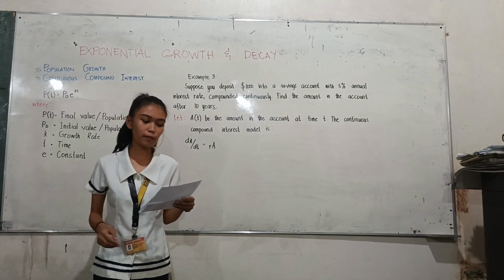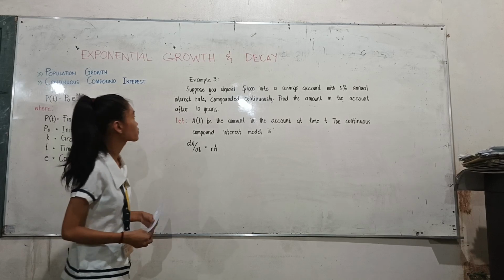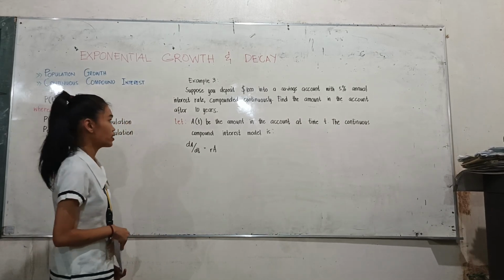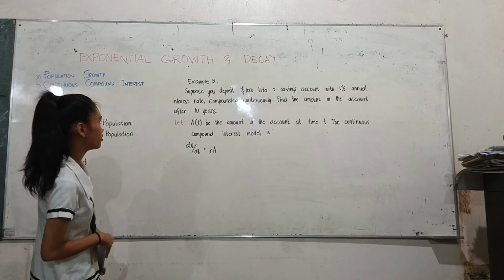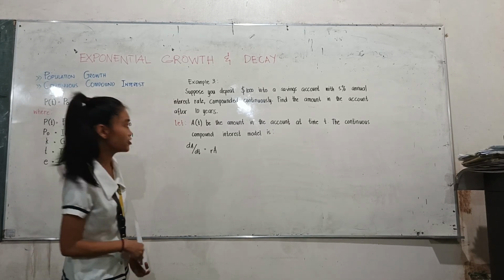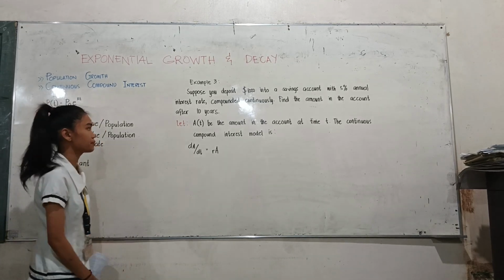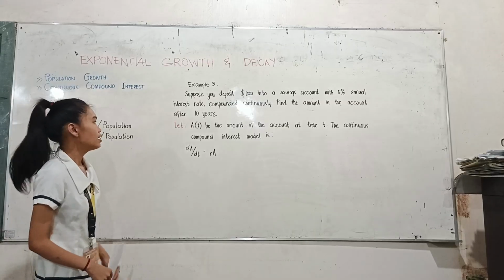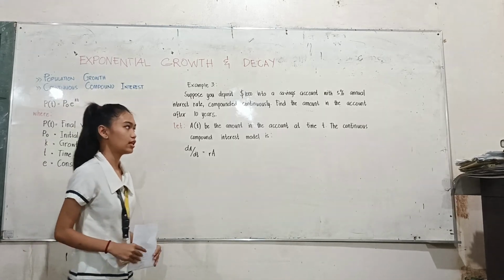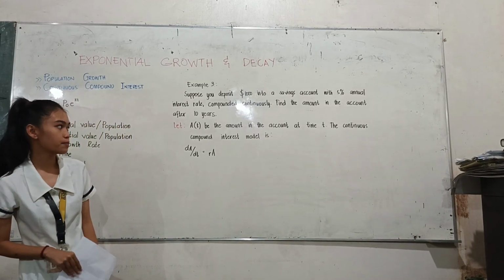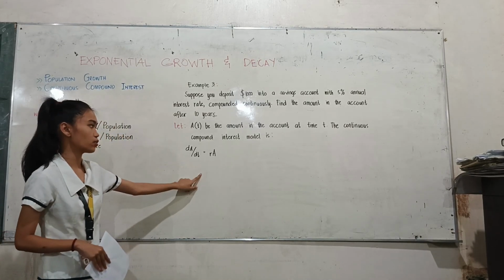So, here's a sample problem and solution for continuous compound interest using a differential equation. Suppose you deposit $1,000 into a savings account with a 5% annual interest rate, compounded continuously. Find the amount in the account after 10 years. So, let A of T be the amount in the account at time T. The continuous compound interest model is dA over dt equals rA.